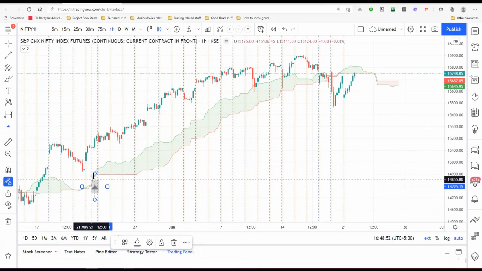It was green, then it became almost red, and then it again became green, and the green persisted all the way, continuing to persist till here. Finally, you have a negative Kumo twist out here.